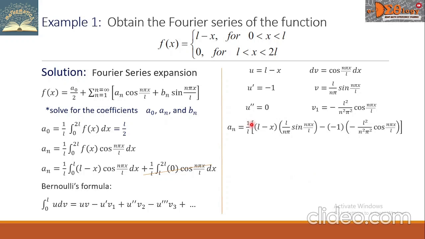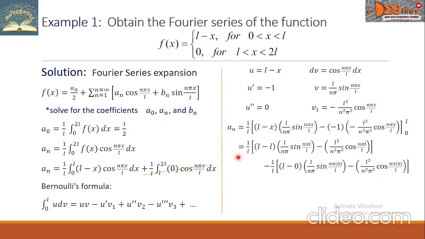We have this 1 over L times the quantity. This pair of factors is the uv, minus the second pair of factors. This is u prime times v sub 1. Then later, we will evaluate this with respect to the limits from 0 to L.